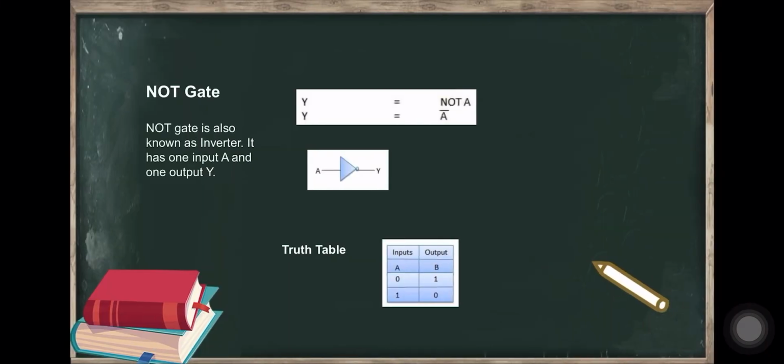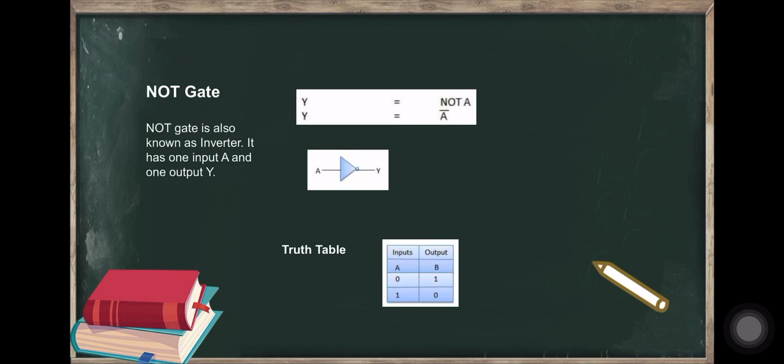NOT gate. The NOT gate is also known as an inverter. It has one input A and one output Y. The input that goes through the NOT gate will be inverted.